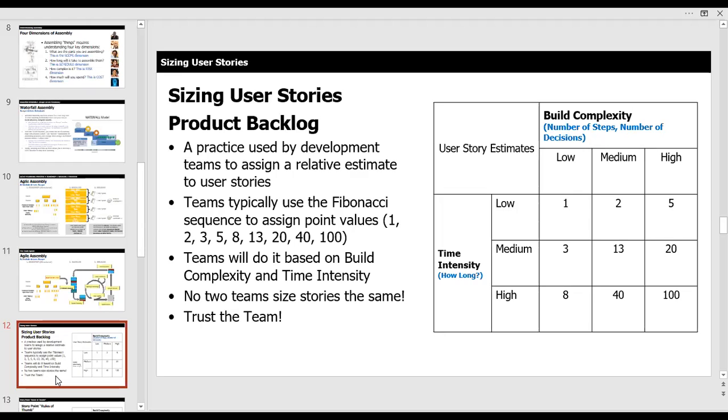Agile is very different. Agile doesn't look at work that way. Agile says, here's something that you want to build in the form of a user story or a requirement. And as a group, individually and collectively, we're going to assign a number that's called a story point to each item that we identify as a piece of work. And the numbering system operates on what's known as a Fibonacci scale.